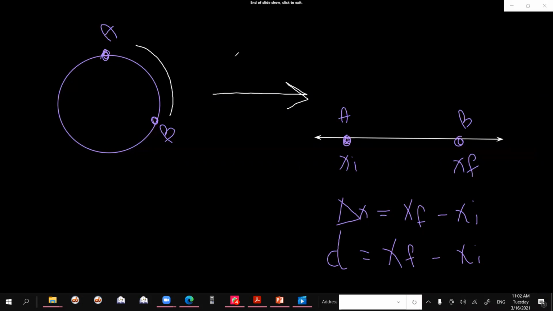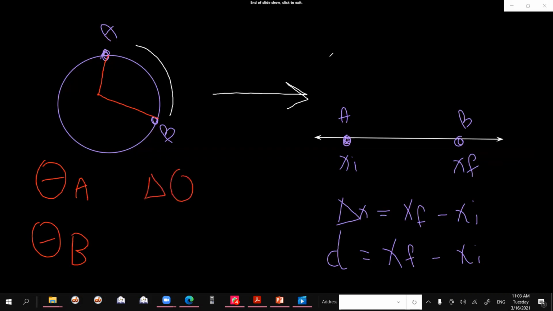So if we have A and B, and I want to find the displacement between them, it goes this way from A to B. Let's name the position of A theta A, and the position of B theta B. The angular displacement will be delta theta, which is theta final minus theta initial.